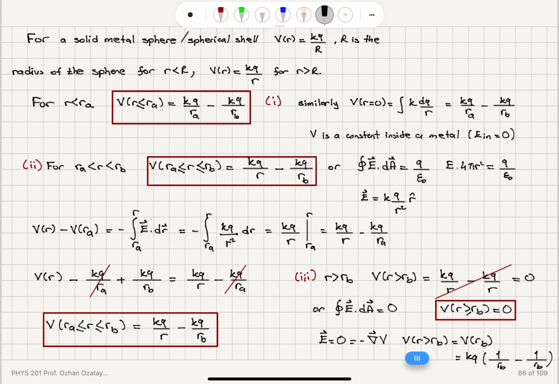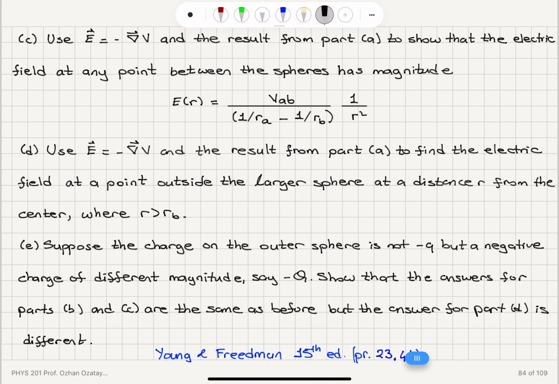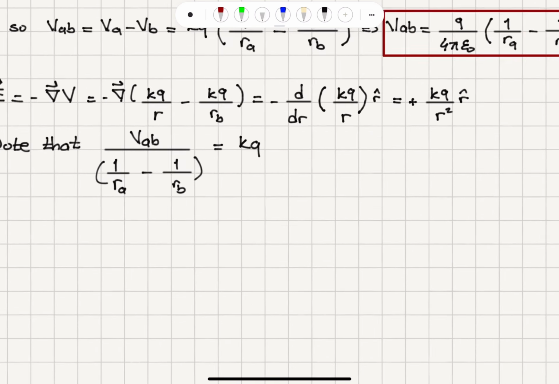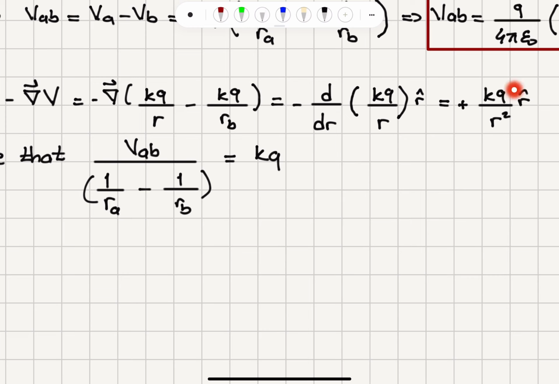This is what I see in this equation. Now part C asks me to show that it is VAB over 1 over RA minus 1 over RB times 1 over r squared. So I will substitute for KQ, VAB divided by 1 over RA minus 1 over RB.